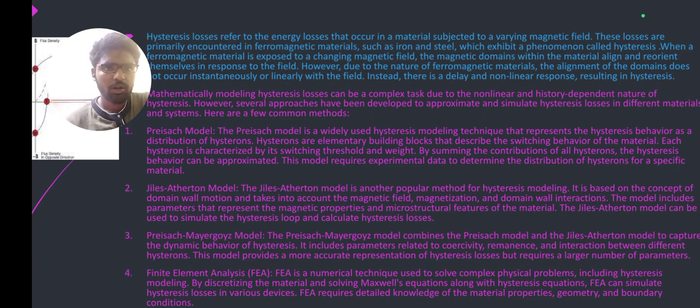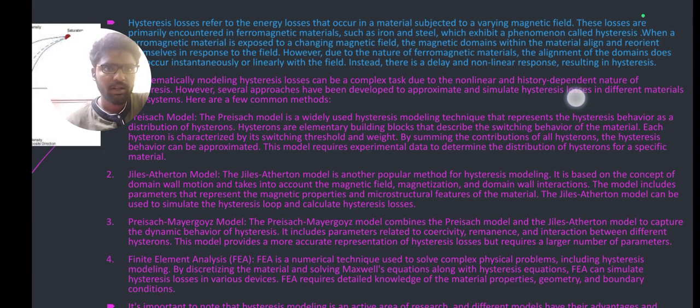Preisach model. The Preisach model is a widely used hysteresis modeling technique that represents the hysteresis behavior as a distribution of hysterons. Hysterons are elementary building blocks that describe the switching behavior of a material.